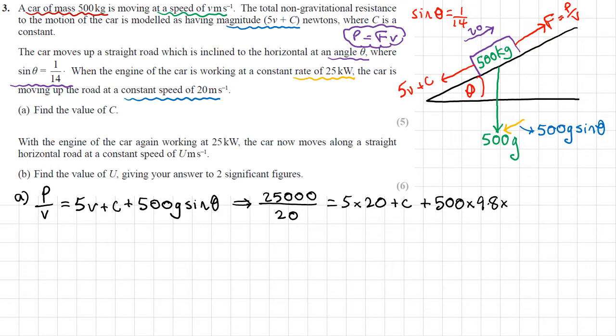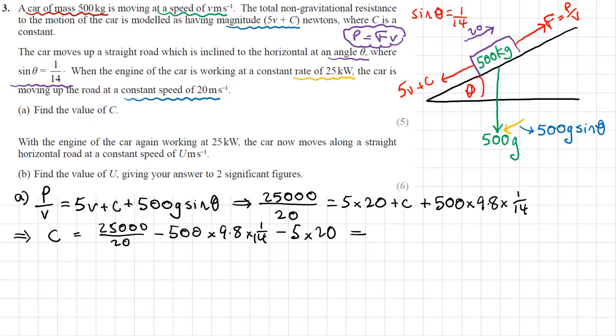You see, we don't need to know the angle. I'm going to rearrange this for c, and I'll get c is equal to 25,000 over 20 minus 500 times 9.8 times 1 over 14 minus 5 times 20.